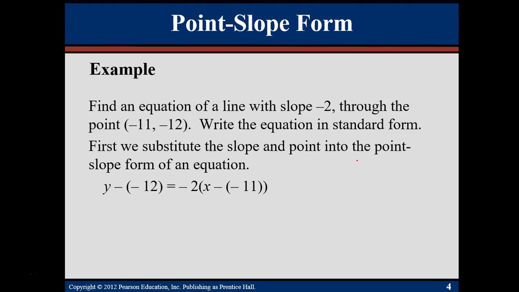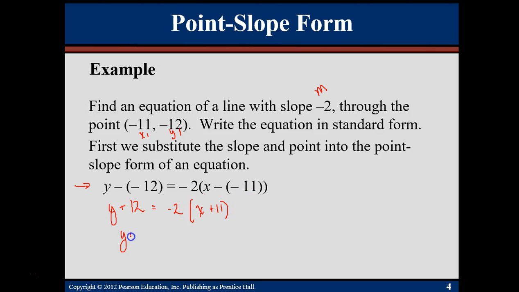So if you wanted to find the equation of a line with a slope of -2 that's going through the point -11, -12, I can substitute the m, the x1 and the y1 into my point-slope formula. And then I can solve. A -12 is a +12. A -11 is a +11.